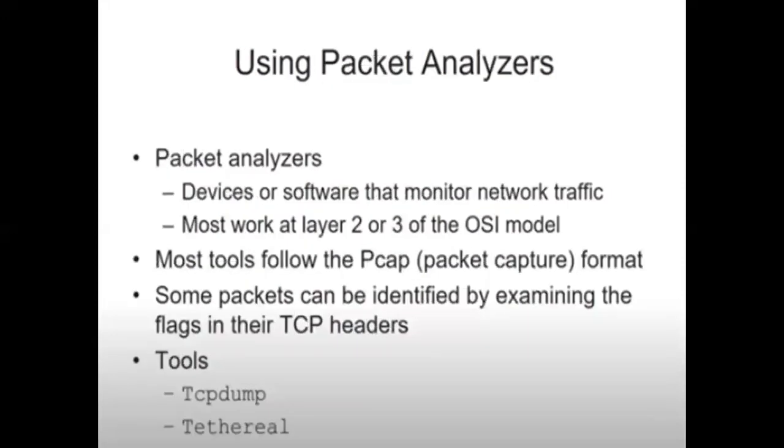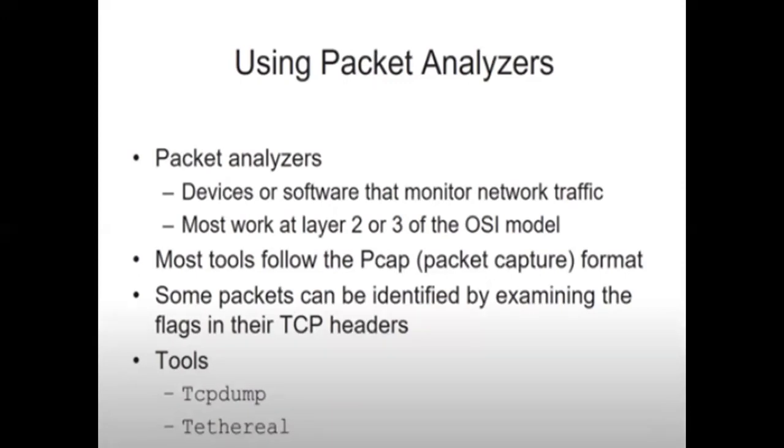And by using packet analyzers also, we can analyze the data using different models, mostly working on layer 2 and layer 3 of the OSI model. Those layers 2 and 3 are part of the networking layer model. Using these two layers will help the packet analyzers.